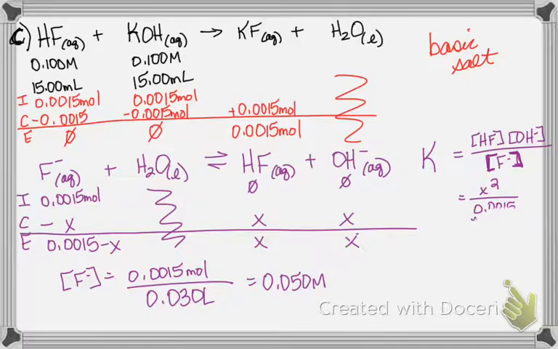And so that's the number we got to put in over here. What's the K? This is not a Ka. For it to be a Ka, this is the Ka for HF. You have the HF on the reactant side.